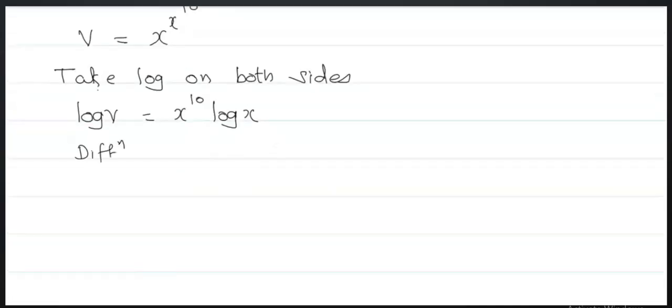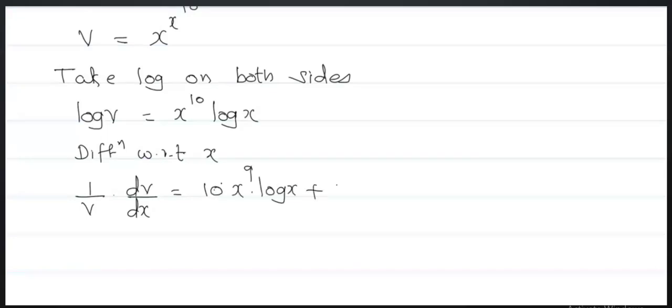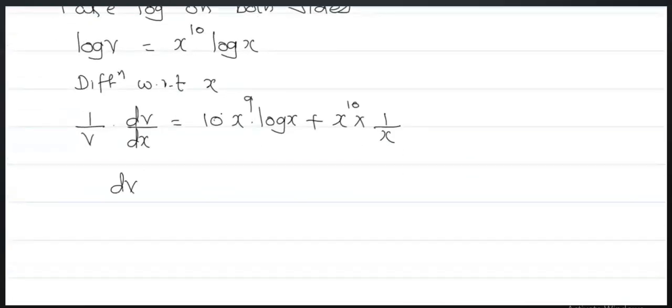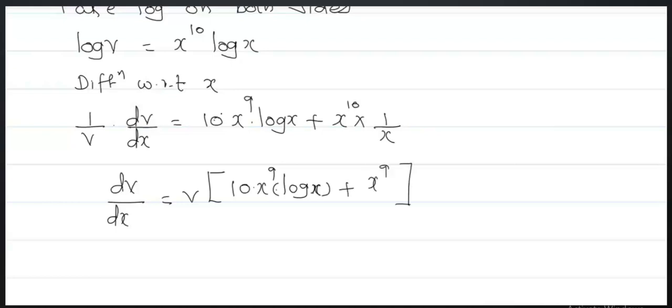Differentiate this with respect to x: 1 upon v dv by dx is equal to 10 into log of x plus 10 into 1 upon x, derivative of log of x is 1 upon x. Therefore, dv by dx is equal to v into 10 x raised to 9 log of x plus x raised to 9.